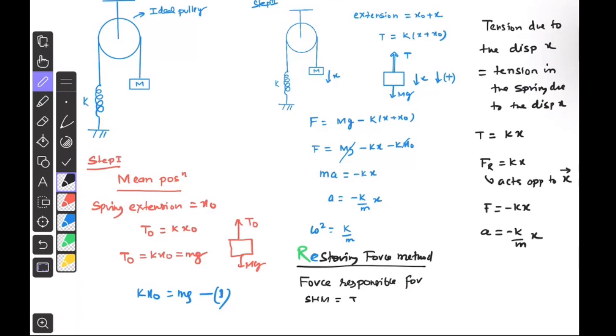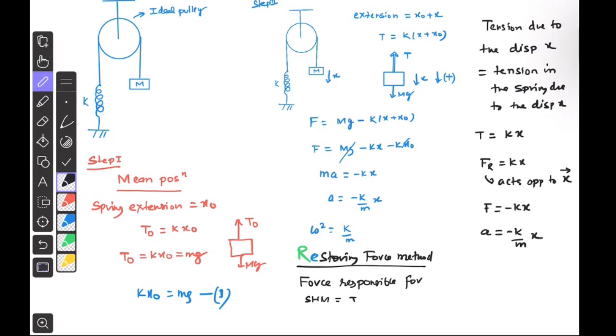Here mg remains constant, so it is not responsible for making this block undergo SHM. The force which varies is the tension force, so tension is the one making this block undergo SHM. We just find the tension in the string due to the displacement x given, which will be the same as the tension in the spring due to the displacement x, which is kx.